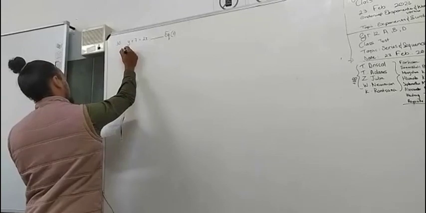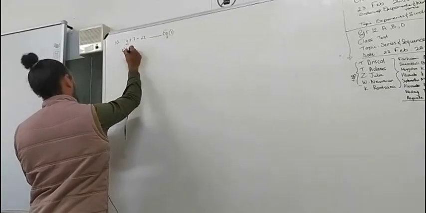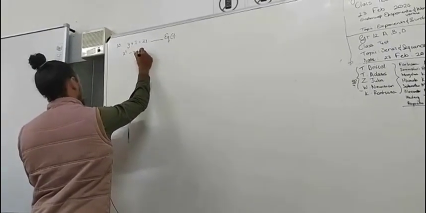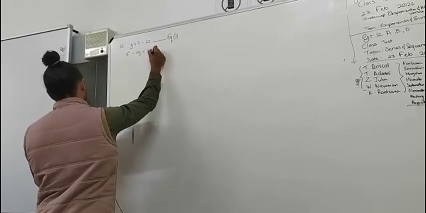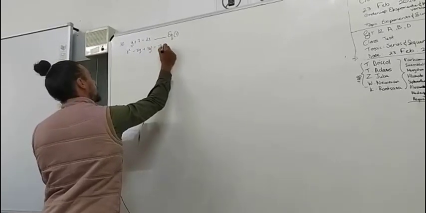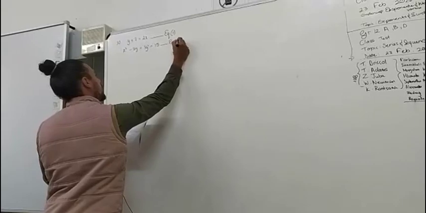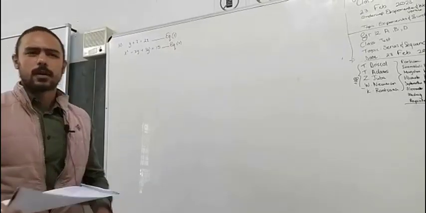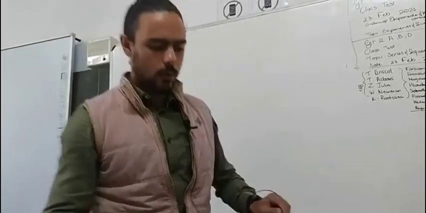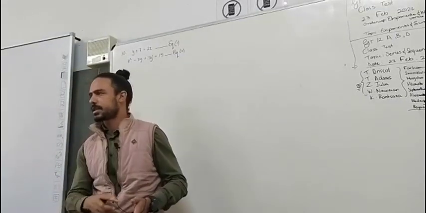Then the other one is x squared minus xy plus 3y squared is equal to 15, and that is equation number 2.